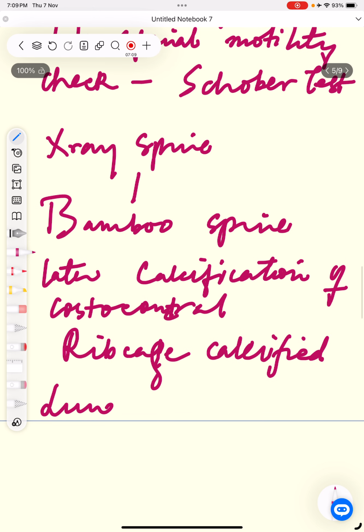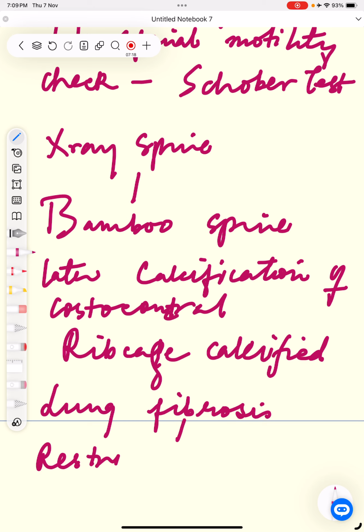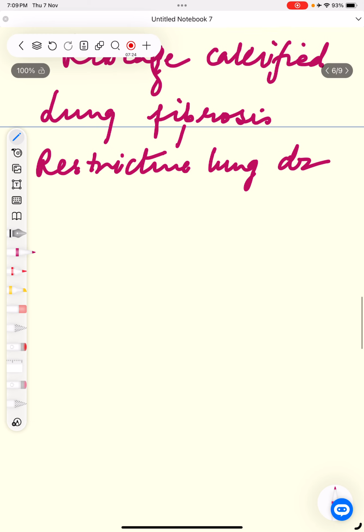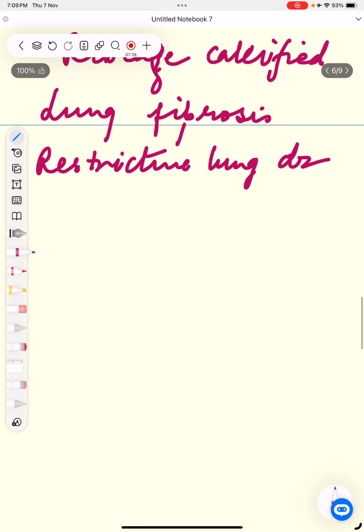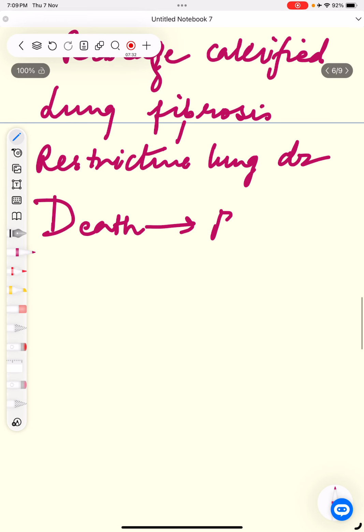They can also land up with lung fibrosis. So it can give rise to restrictive lung diseases, and basically the commonest, the obvious cause of death in these patients is respiratory failure.